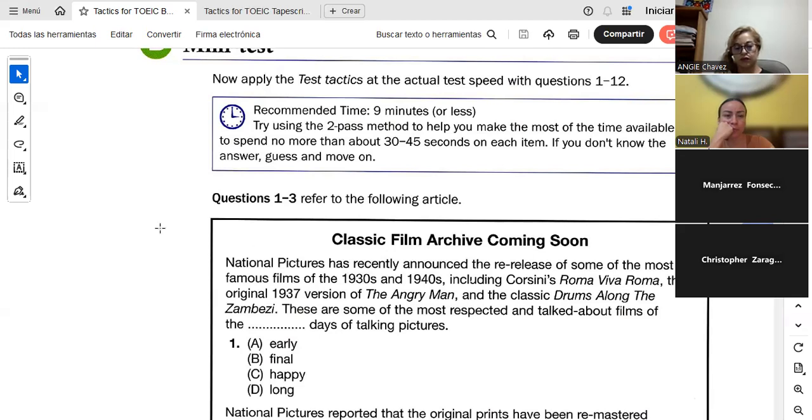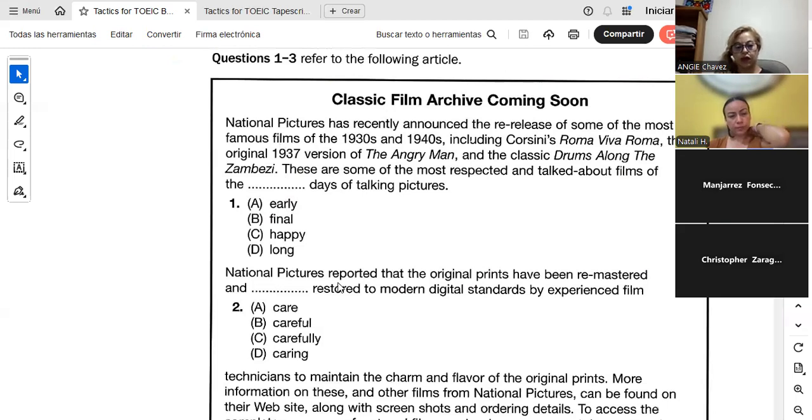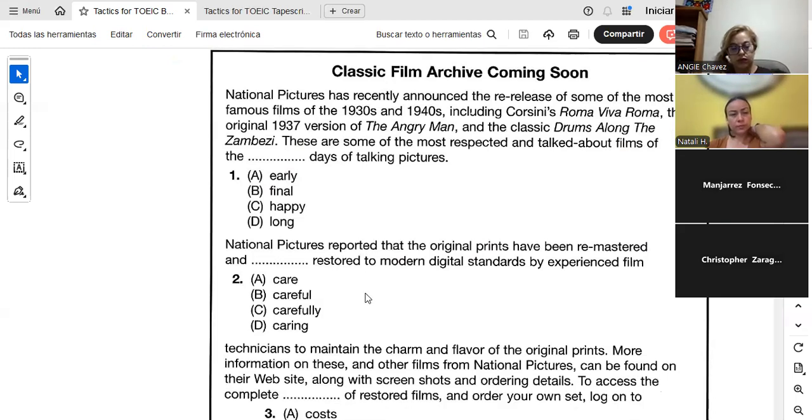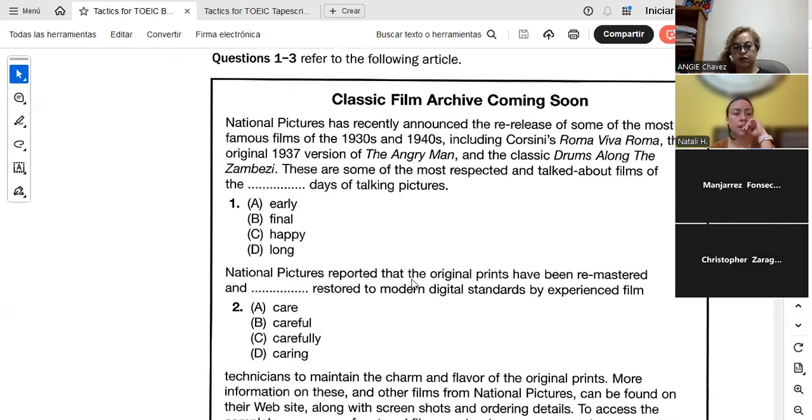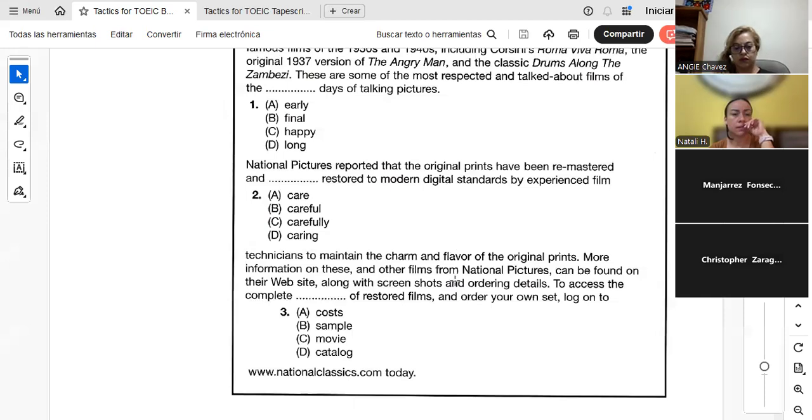I will check your time, because remember that it's important, no? To check time. So the recommended time is 9 minutes or less, but let's say 9 minutes maximum, right? But before measuring the time, please screenshot the different parts, because there are like 12.